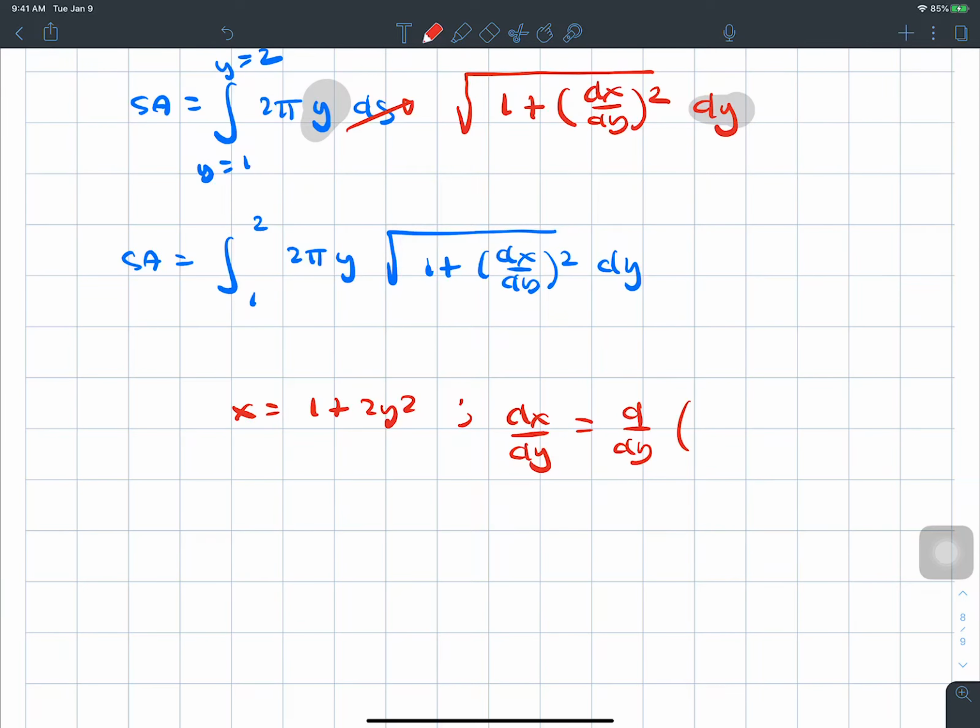So altogether, here we go. This is what we need to find. So let's remember here, our surface area formula is, in terms of y, 2 pi y times that radical. And that means y goes from 1 to 2.